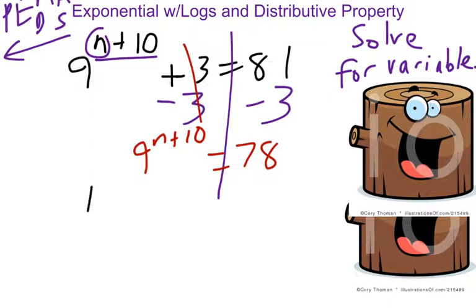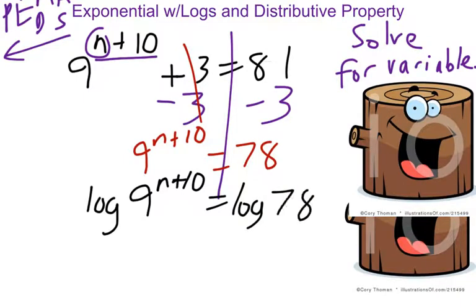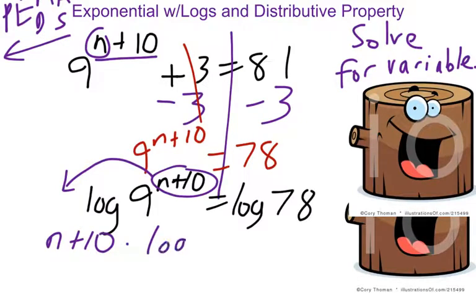So we have log of 9 to the n plus 10 power equals log of 78. And what do logs do? They move the exponent in front of the log. So it's going to be n plus 10 times log 9.